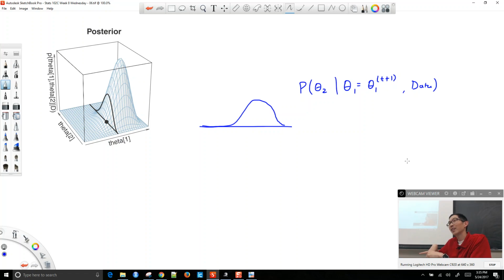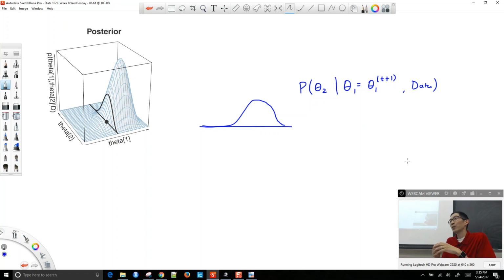Okay, and so you can kind of mix and match the pieces to get everything together. In the ideal scenario, each conditional distribution has a nice form and is easy to sample from. So you go, parameter 1, nice form, I randomly sample it, I accept it. Now I move to parameter 2. I set up the conditional distribution, it has a nice form, I randomly sample from it, I accept it. I go on to parameter 3, I set up the conditional, nice form, sample it. That might not always be the case.